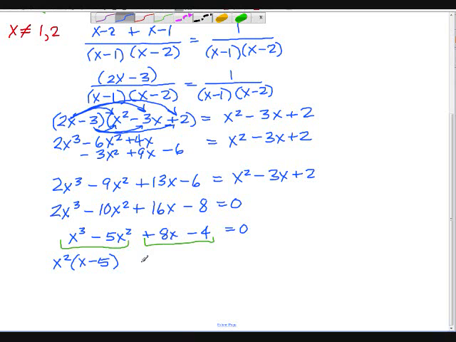Oh, this doesn't look like it's going to work for me. And out of here I could pull a 4. And we'll have x minus 1. Well, that didn't do it. I needed to have these match up, so I can't do it by factoring by grouping.